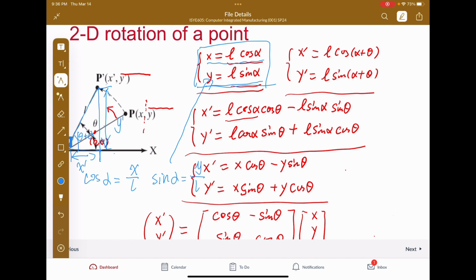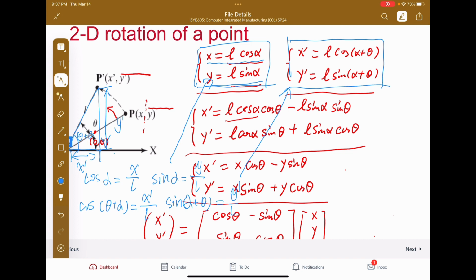Using the same way, we will have cosine of theta plus alpha equals x prime over L prime, which equals L, and sine of theta plus alpha equals y prime over L. So based on these two equations, we can also get this.